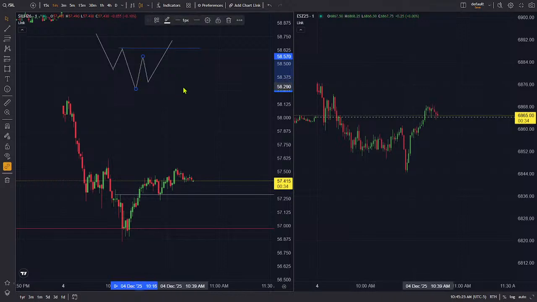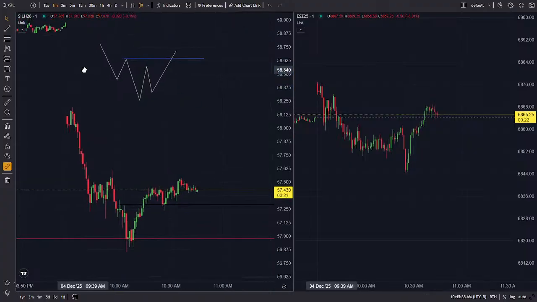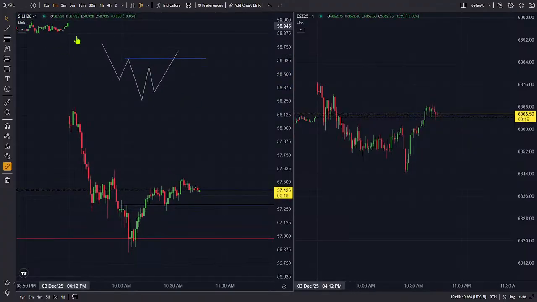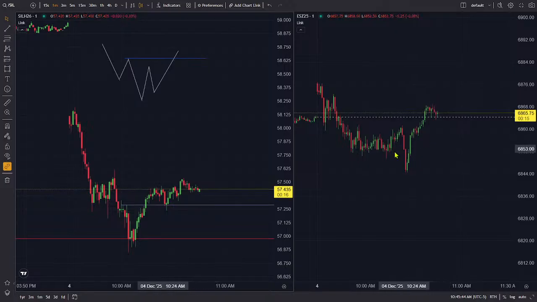I was hoping I could group all those together and move them all at once, but can't. Silver, micro, one side, NQ, other side.